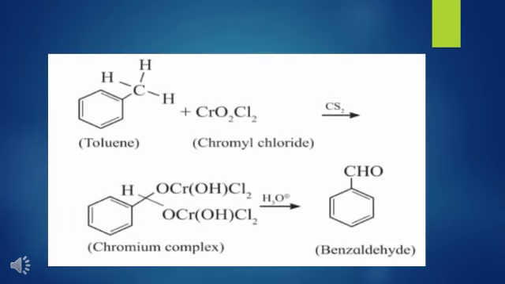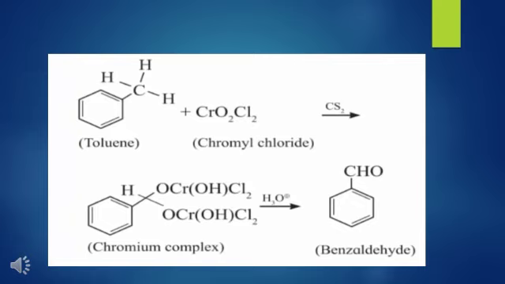In Etard reaction, the benzene ring attached with a methyl group, which is toluene, reacts with chromyl chloride. Chromyl chloride means CrO2Cl2.